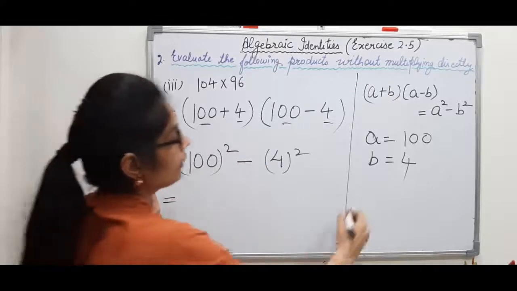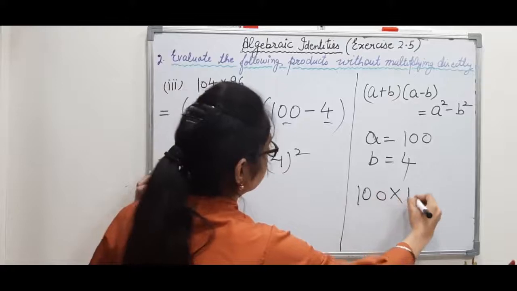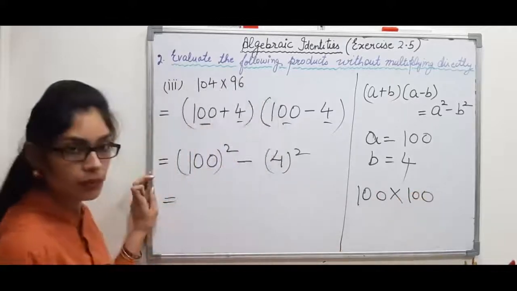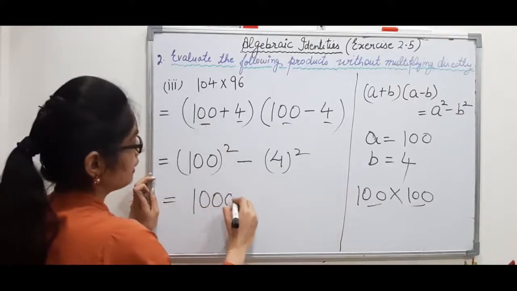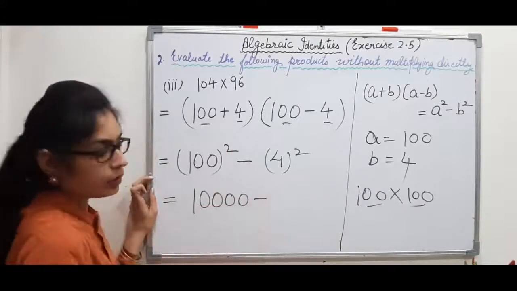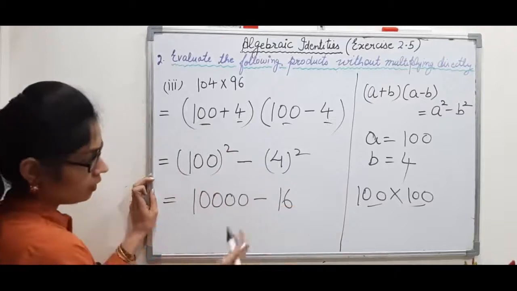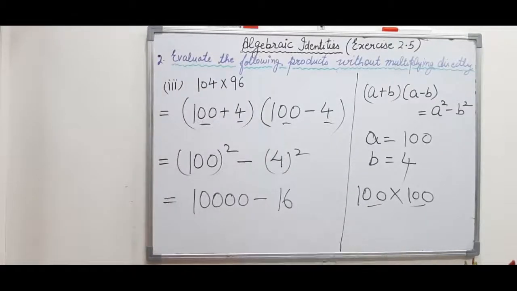100 square means 100 into 100. In the previous part also I have explained, 4 zeros will come if you multiply, so it will be 10,000. 4 into 4 it is 16. Now we just have to do the subtraction.